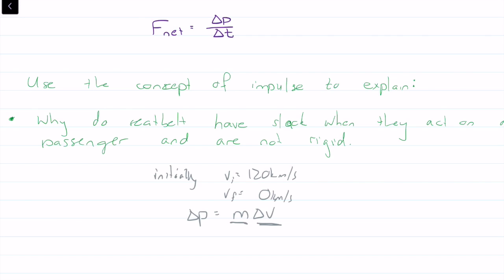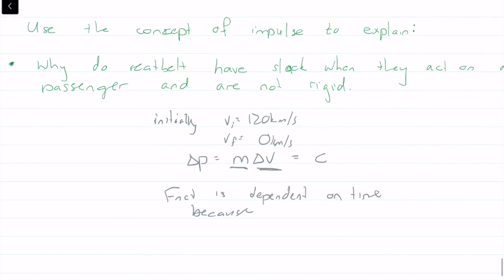So therefore the net force is dependent on time, because we already said that this is equal to a constant. So F net equals some constant over delta T. If delta T increases, F net decreases.